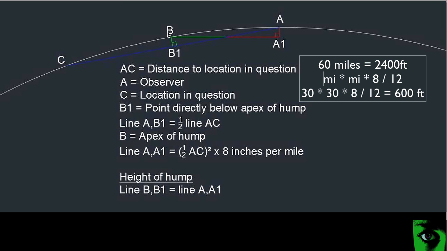Now, if you want to find the height of the curve, well, we know that that is going to be half. Now you say, oh, well, half, 1,200 feet. But because it's a curve, you can't just go half here. So if we did 30, which is half of 60, 30 times 30 times 8 divided by 12, we have 600 feet.